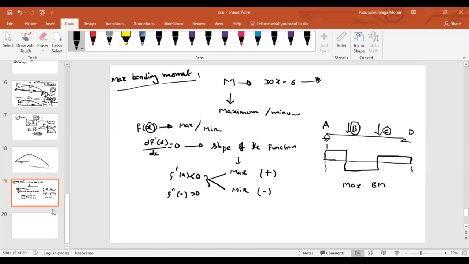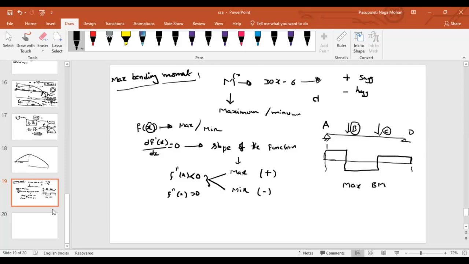But according to us, if you are talking about the moment, what does the positive represent and what does the negative represent? If you are talking about the bending moment, positive represents the sagging moment. It doesn't matter to us whether it is a positive or negative value, sagging or hogging. Only what matters to us is that it is a maximum value.